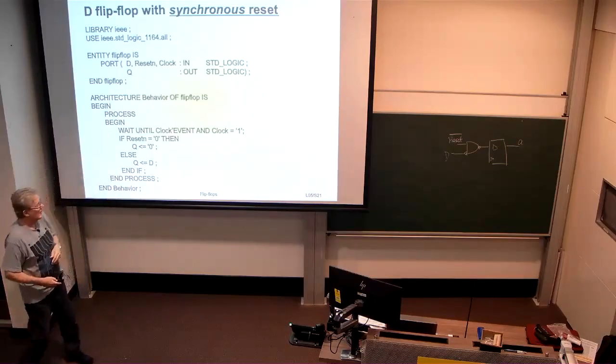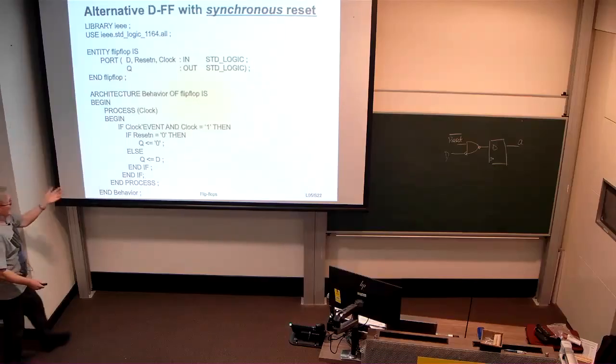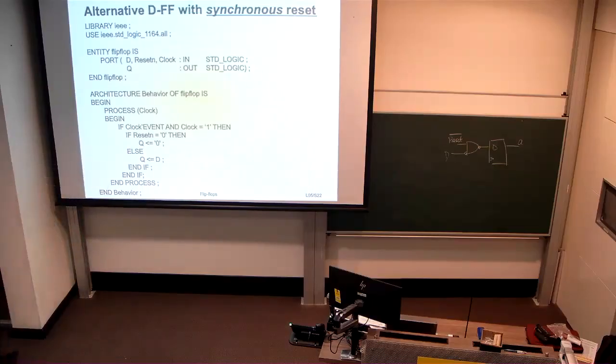If we wanted to use the guard if clock'event and clock equals 1, then it should look like this. This is a synchronous reset on our flip-flop because it's subservient to that clock edge coming along.